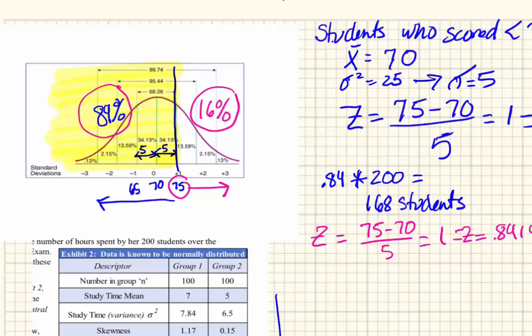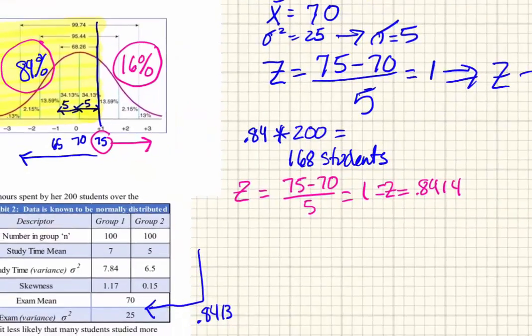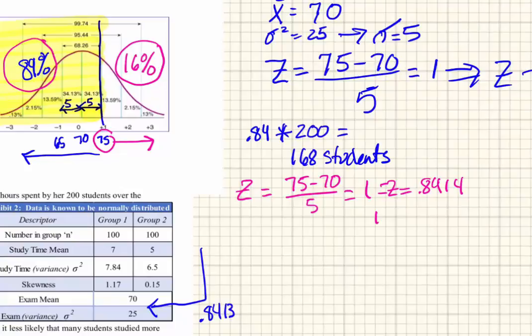Again, you can multiply that out to get the number of students. So first we would need to do 1 minus 0.8414, which would be about 16%. And then if we wanted, of course, to find out the number of students, we could do 200 minus 168, or we could just do 0.16 times 200, and either way we come up with 32.